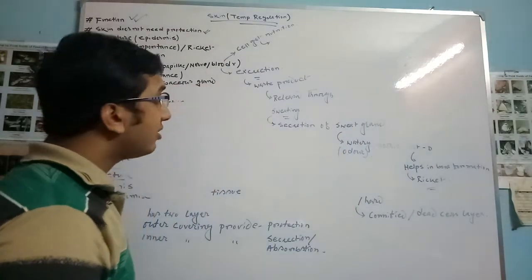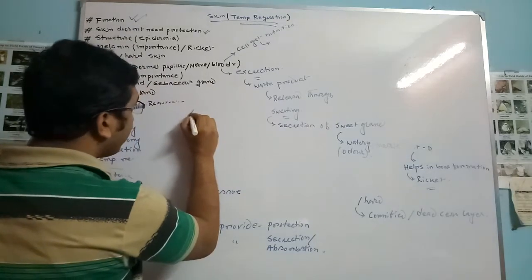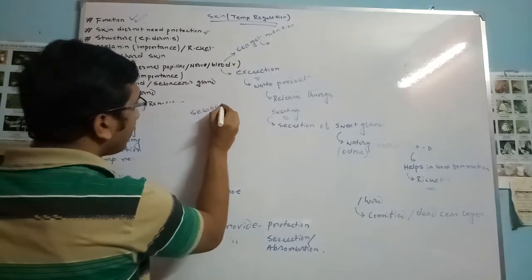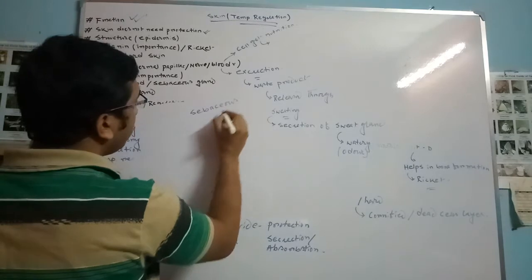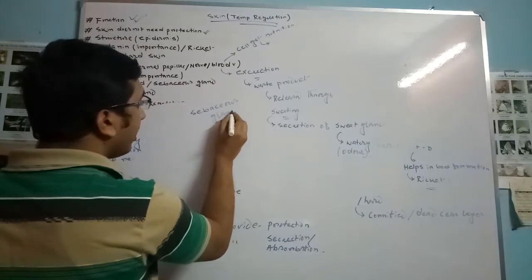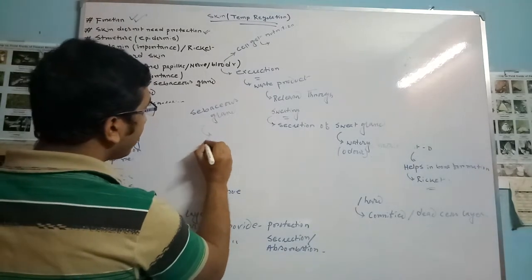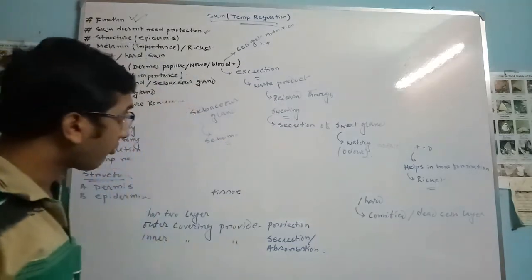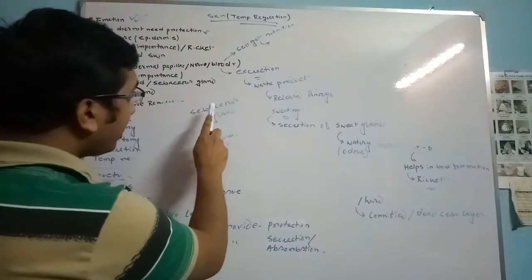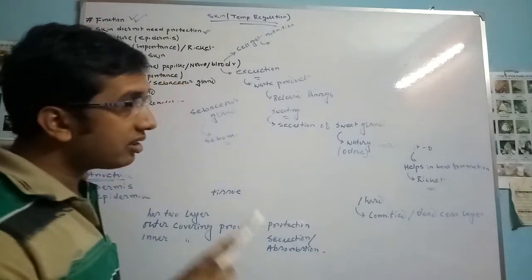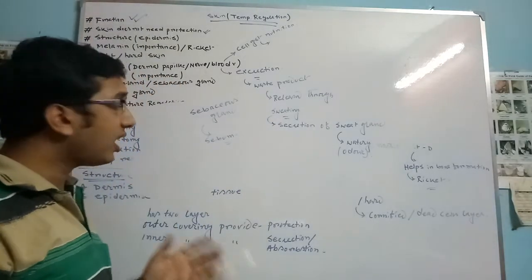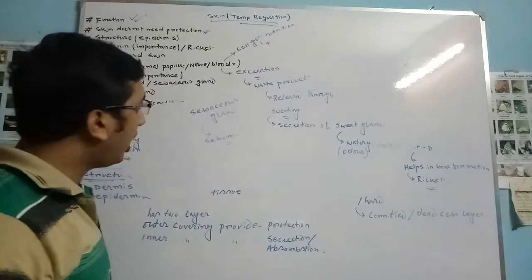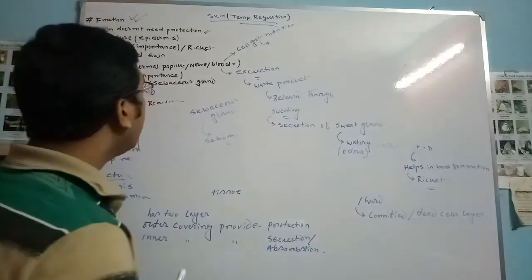On the other hand, the sebaceous gland is also present here. The sebaceous gland secretes sebum. The difference between sebaceous and sweat glands: both are exocrine glands, and we know about the exocrine gland.